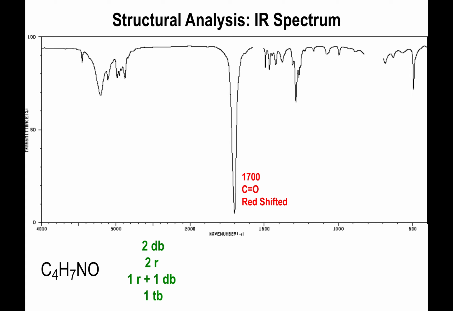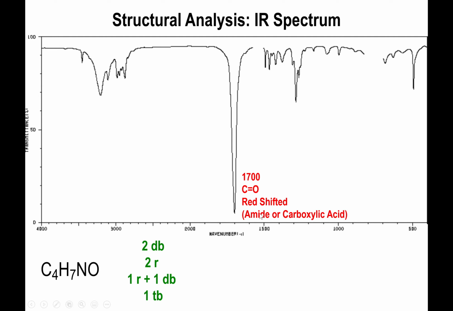And you may recall from the IR lecture, and in case you don't, look at the link in the description below to revisit those topics for IR, that when you're in this region, and even getting into the 1600 region, you do have a specific carbonyl compound that can make this happen, and that's your amide.